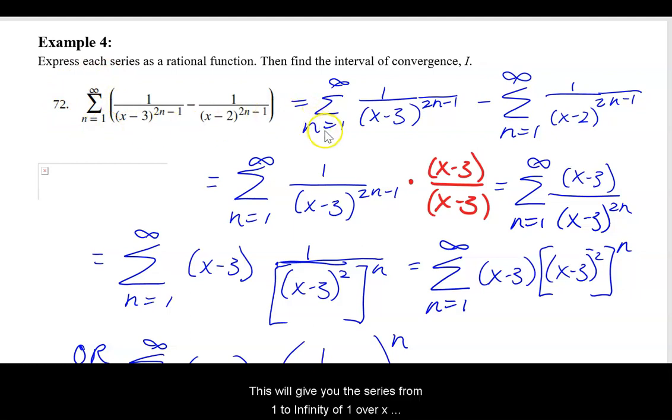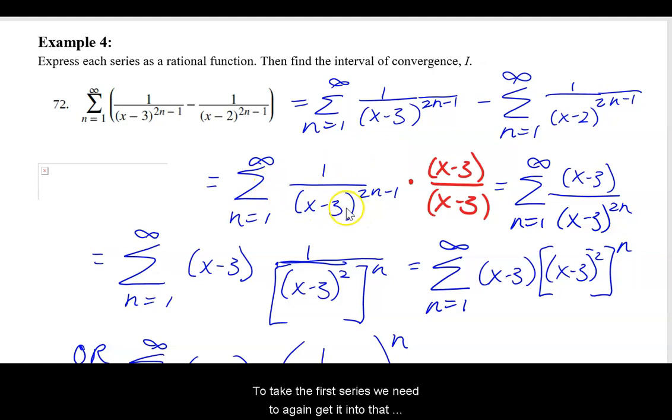This will give you the series from 1 to infinity of 1 over x minus 3 to the 2n minus 1, minus the series from n equals 1 to infinity of 1 over x minus 2, also to the 2n minus 1 power. First, we're going to look just at the first series, and then we'll use the same technique to develop another representation for the second series.